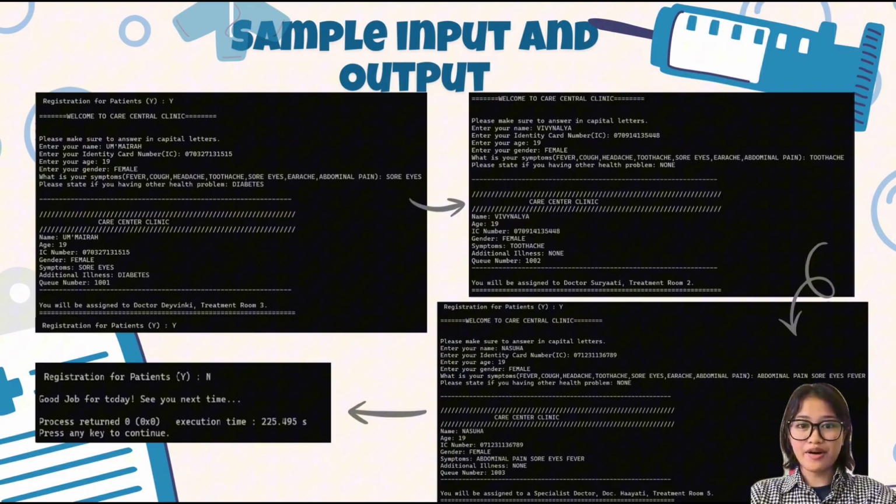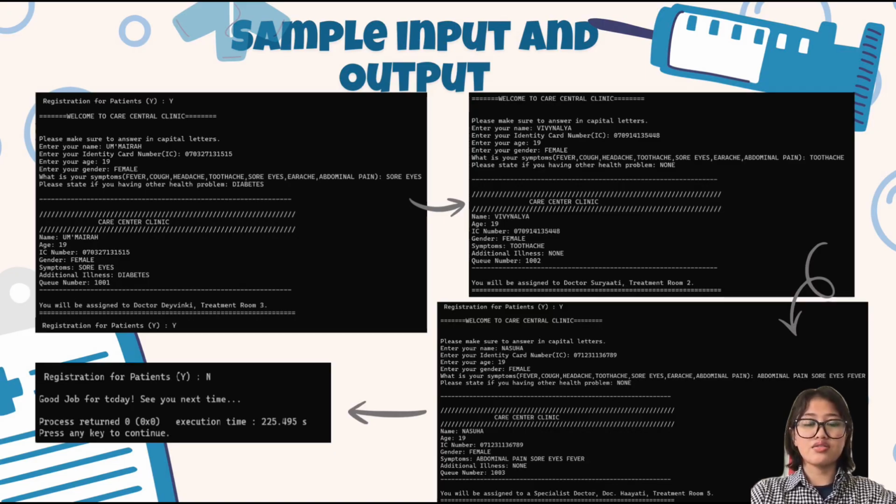Alright, so for the final part, which is the sample of input and output. When the program is executed, it will prompt an instruction for the user, or in this case, the patient, to enter Y, which represents yes. Then, it will display a set of questions which are name, IC number, gender, age, symptoms of the patient, and any other health problems, which is the input for variable additional illness. Based on the information that the user inputs, a calculation of the queue number and a selection of doctors and treatment room will be done.